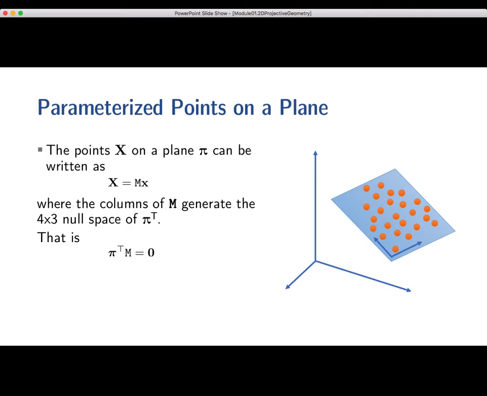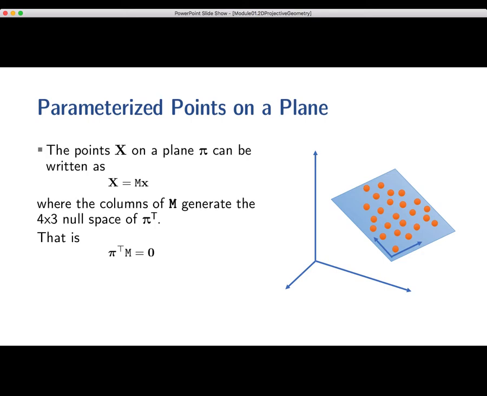For each of these 3 points, x1, x2, x3, pi transpose x1 should be 0, pi transpose x2 should be 0, and pi transpose x3 should be 0, because those points are on the plane. I write all of them as columns, so pi transpose M, the whole thing, should be 0, because those 3 columns are on the plane. If I'm able to write any 3 points like that, then every other orange point can be written as a linear combination of them.